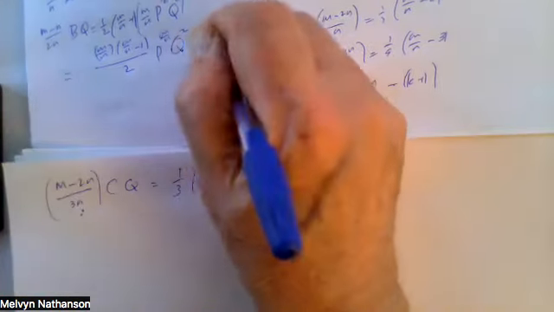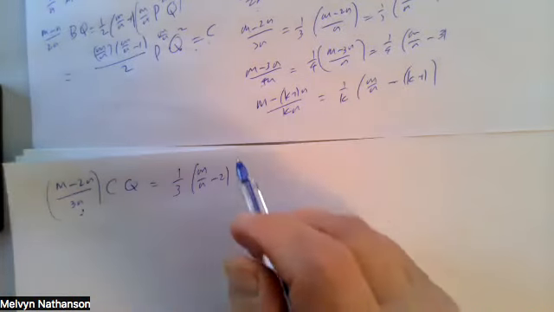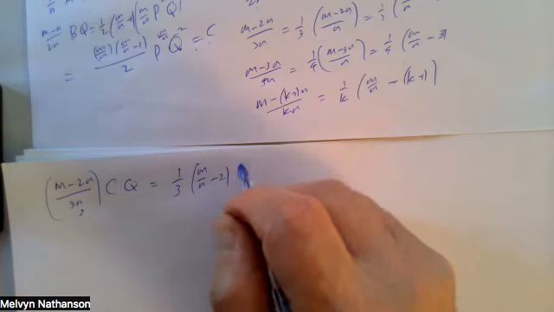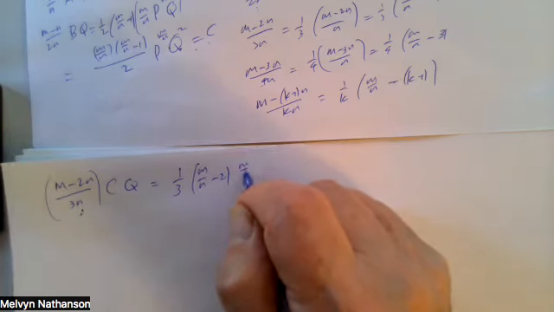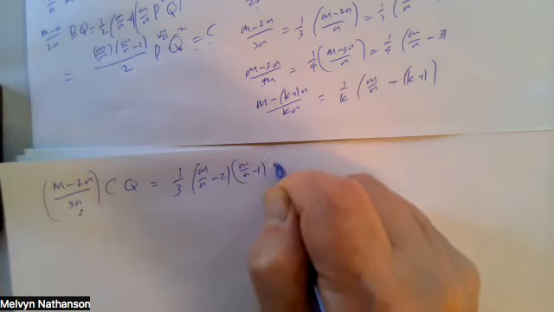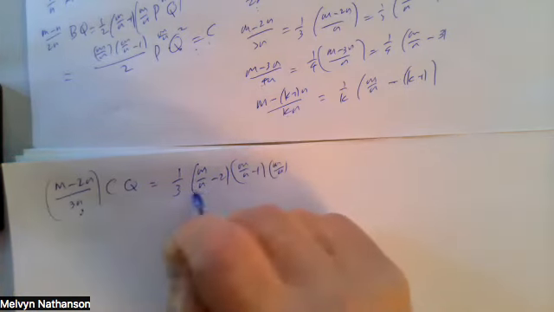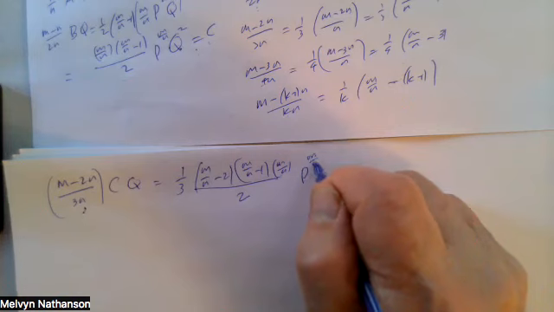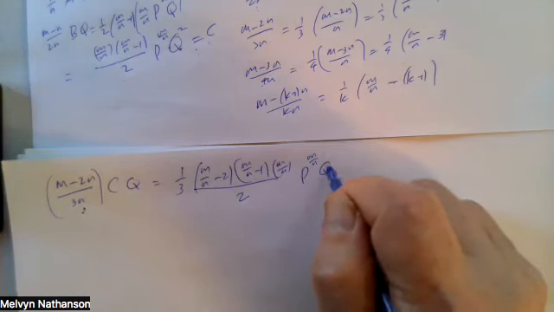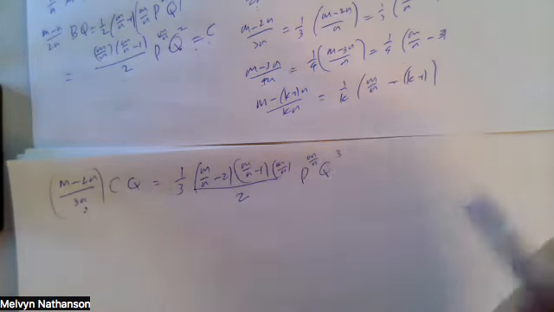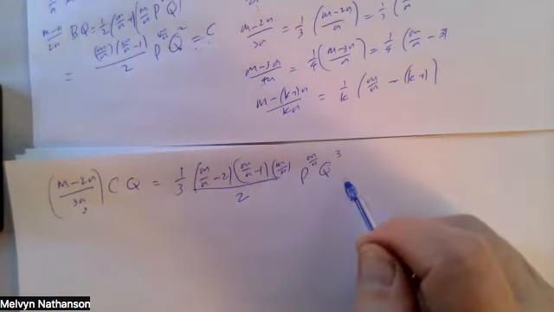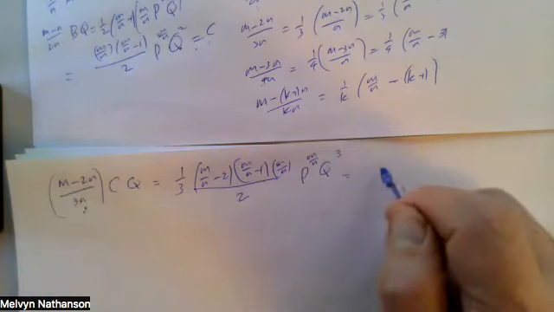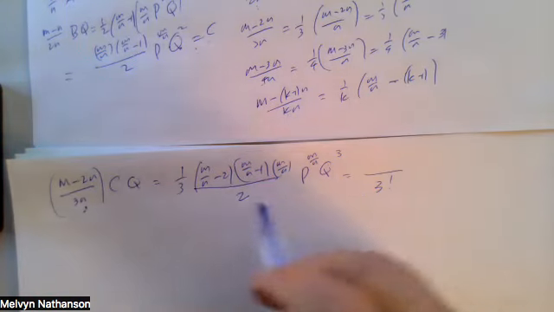C, this is the term C. This is (m over n minus 1), (m over n) over 2, p to the m over n, q squared times q is q cubed. Let me rewrite this. This is 1 over 3 times 2. That's 3 factorial in the denominator.